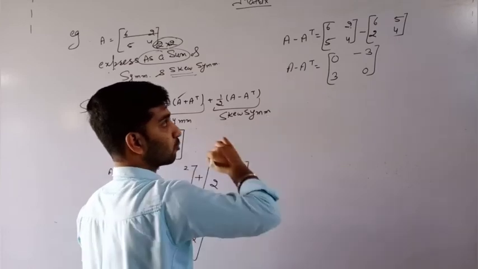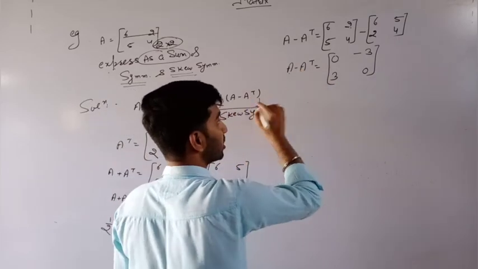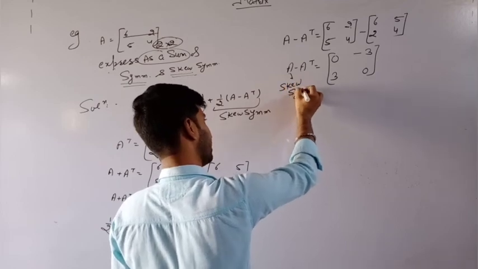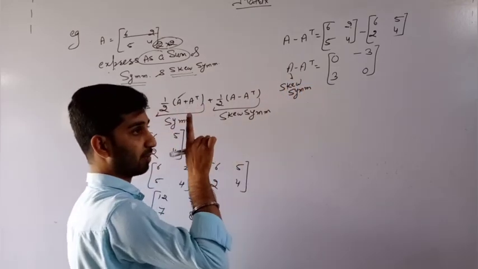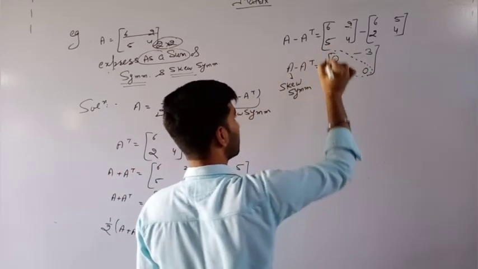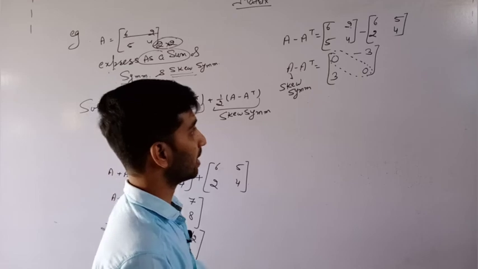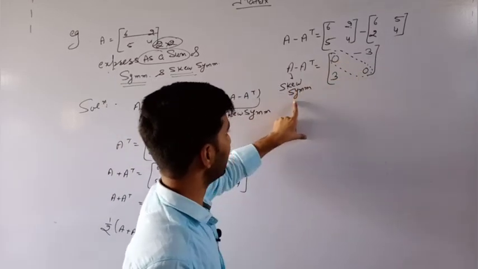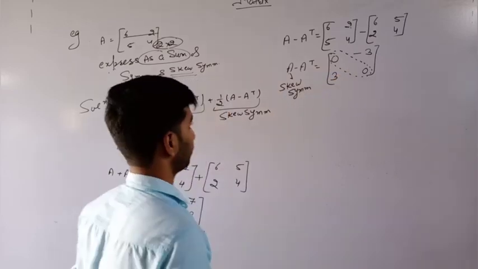It is also proved that A minus A transpose is always skew symmetric, and all the elements of the principal diagonal of a skew symmetric matrix are 0. We have discussed that all elements of the principal diagonal in a skew symmetric matrix are always 0.